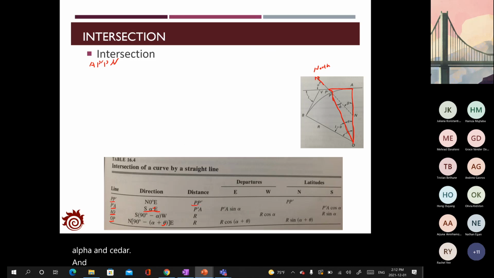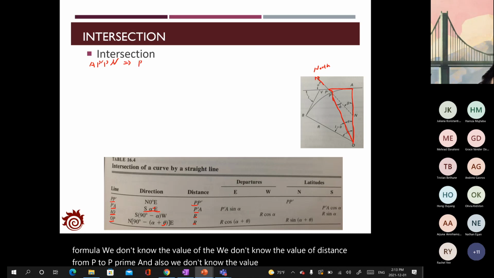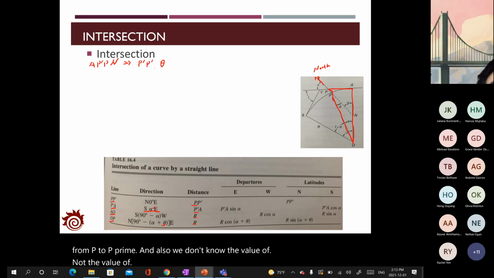You also know the distances P prime to A, R, and R. In this formula, we don't know the distance from P to P prime, and we also don't know theta, but we can find the value of all the other variables. From A to P prime, you can calculate it based on the directions of A to V and the line of X to P.